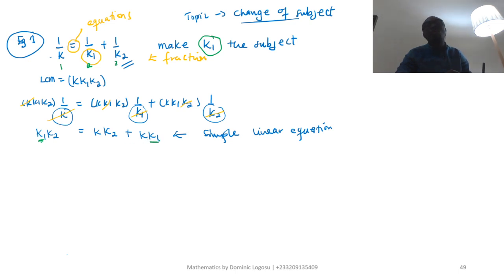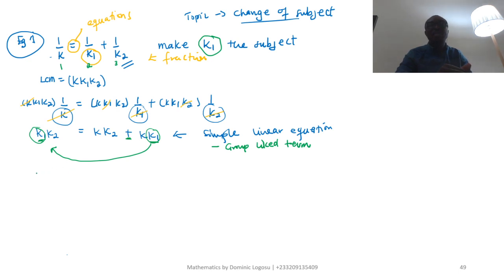So what we'll do is what we call grouping like terms. Grouping like terms basically means that we should bring the common things together. When we look at it carefully, this one and then this. So this will move to this side. Remember, it is addition.